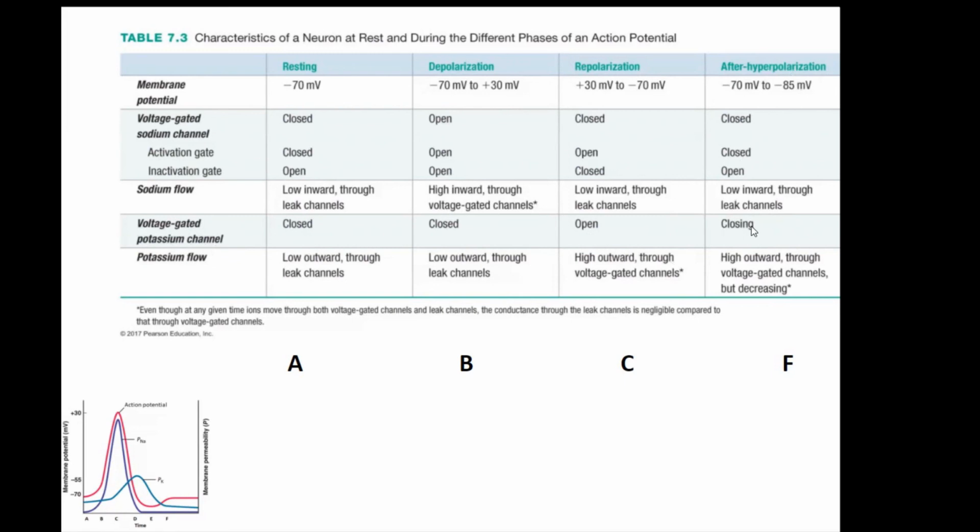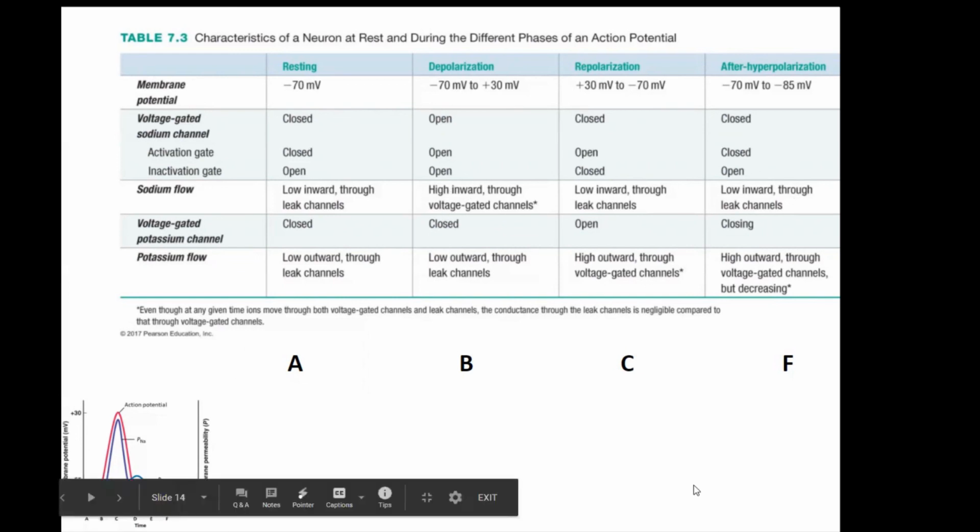They're in the process of closing, which means we still have a pretty high potassium outflow, but those voltage-gated sodium channels are closed. By this point they've returned to their resting state, closed because the activation gate is closed. And those are the four phases we want to think about for our action potential.